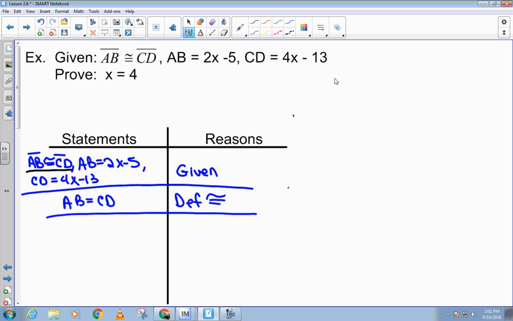Okay? And so then, now what I can do is I can see I have AB is 2x minus 5, and CD is 4x minus 13. I can replace those with what they're equal to. What's that called? Substitution. Alright, so we have 2x minus 5 equals 4x minus 13.